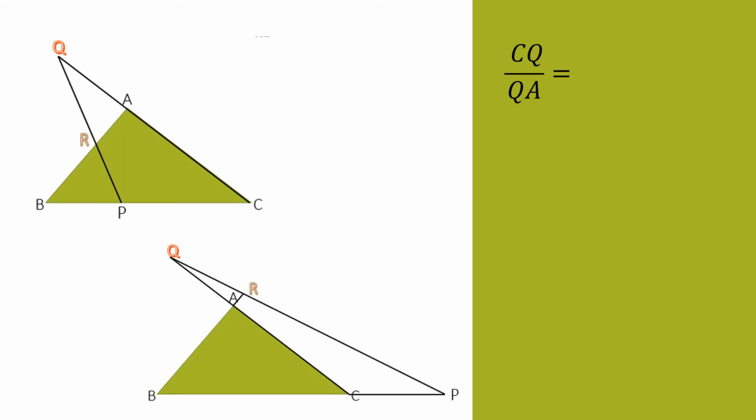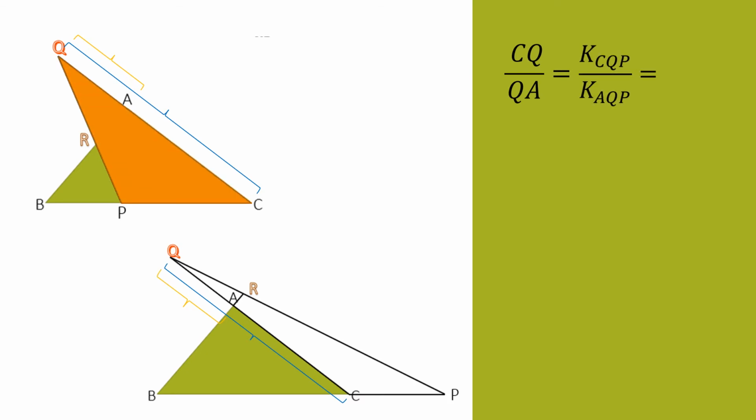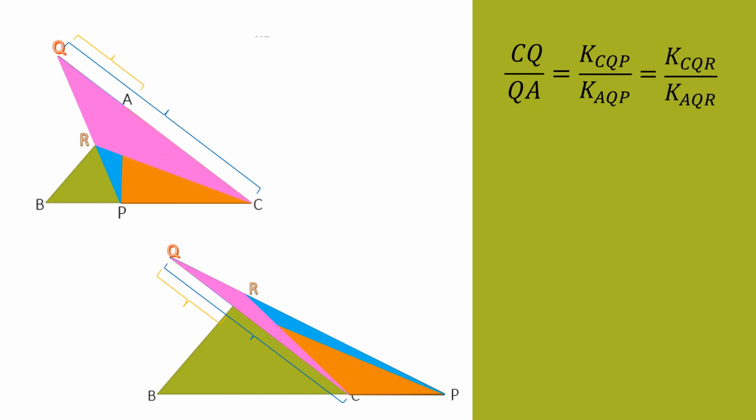Now we know that CQ over QA is equal to the area of CQP over the area of AQP, which is also equal to the area of CQR over area of AQR.